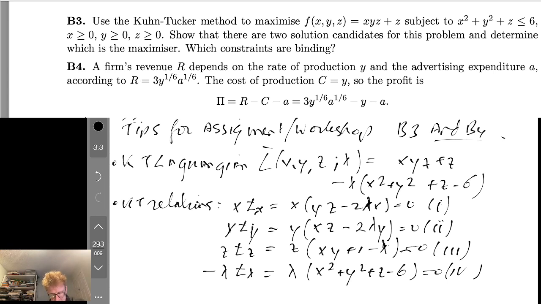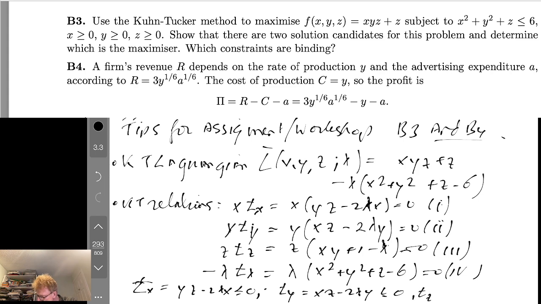Then we need the dl bar dx, which is yz minus 2 lambda x less or equal to 0. L bar dy is xz minus 2 lambda y less or equal than 0, and L bar dz is xy plus 1 minus lambda less or equal than 0.